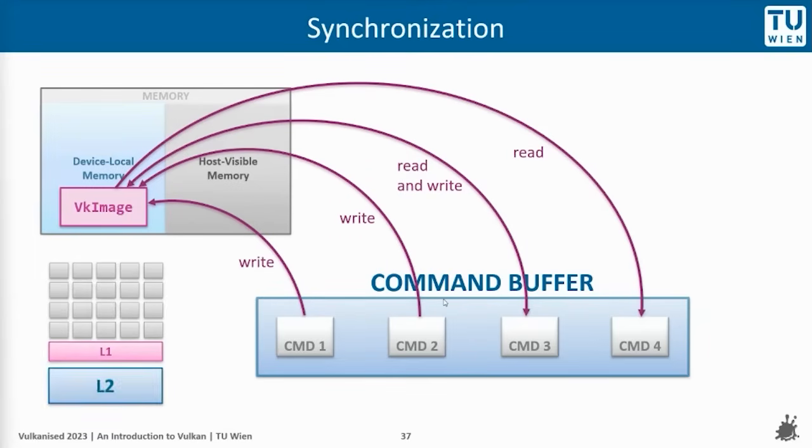And keep in mind, your GPU is a massively parallel processor, which can possibly operate or execute many of these commands in parallel. So it would be bad if those writes or the reads happened in parallel. In some cases, we must ensure that the previous operation is done before we can continue with the next operation.